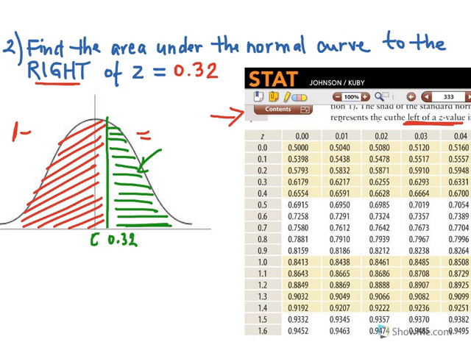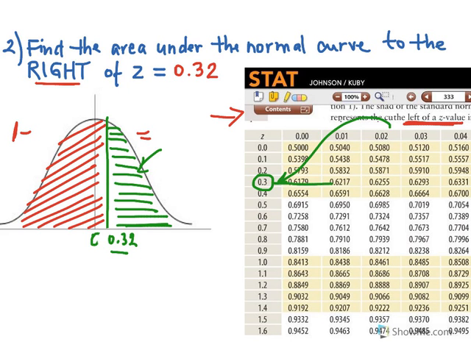So what is the area or probability to the left of z = 0.32? We go to the table and find 0.3, the tenths digit, and then 0.02 is our hundredths digit.